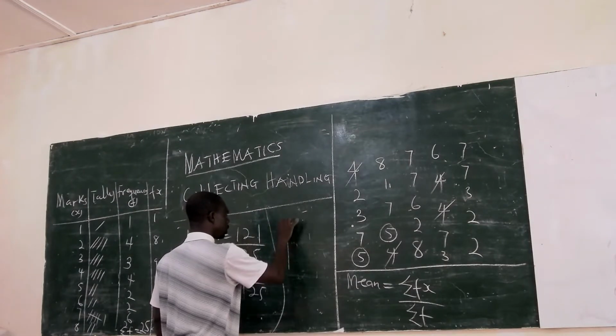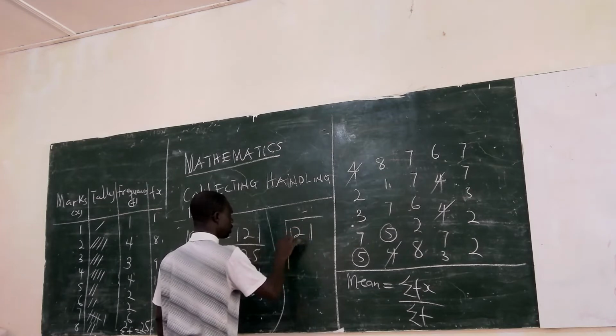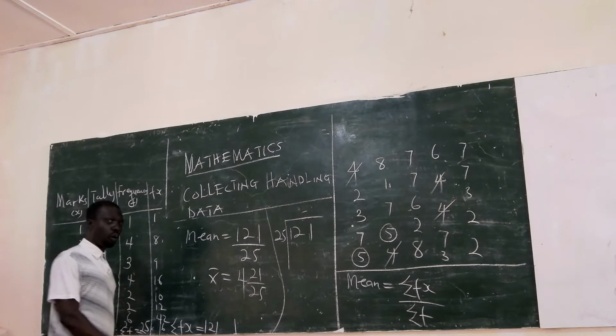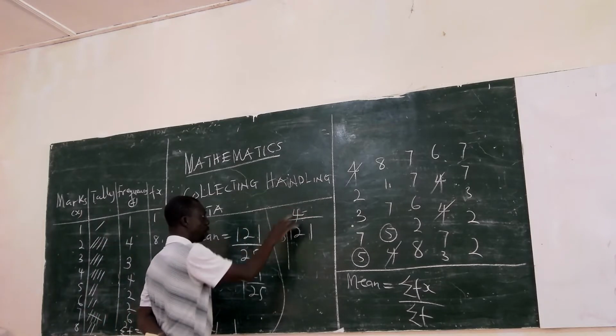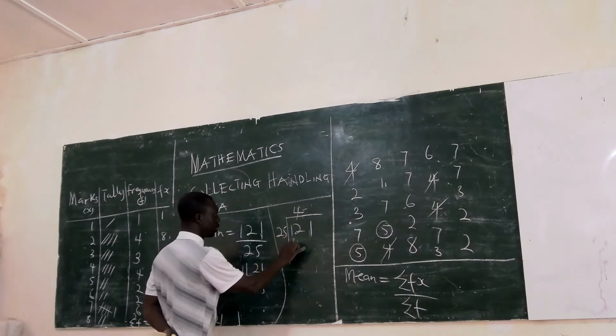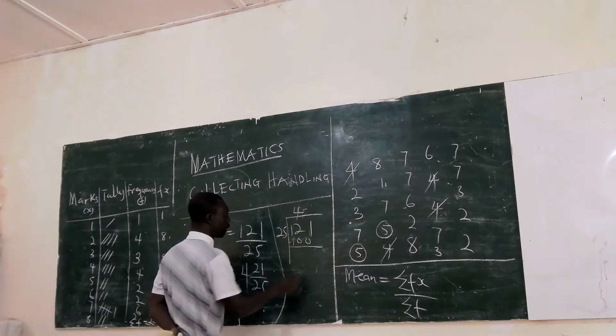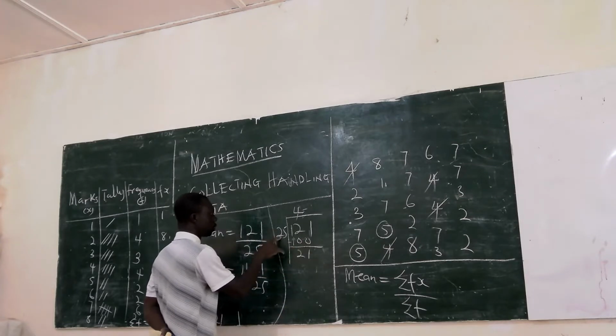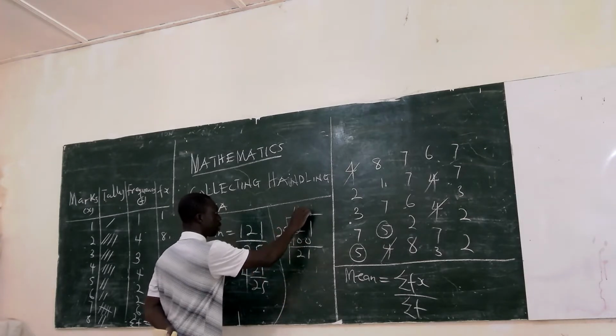25 into 121 is 4. 4 multiplied by 25 will give us 100. You subtract 100 from 121, that will give us 21. To this 21, you bring the decimal point here.